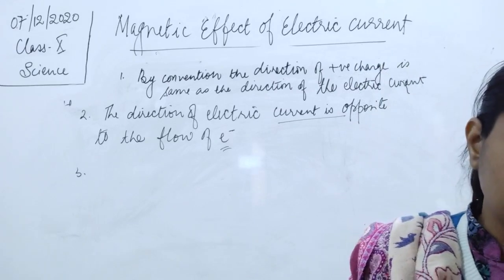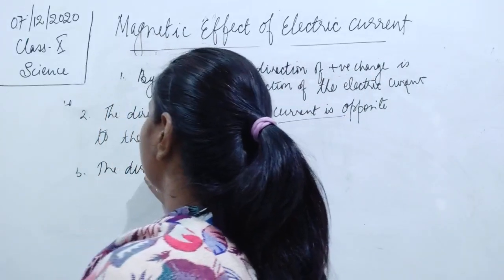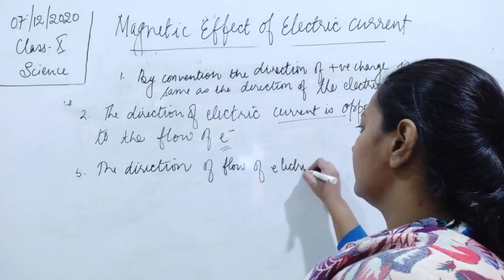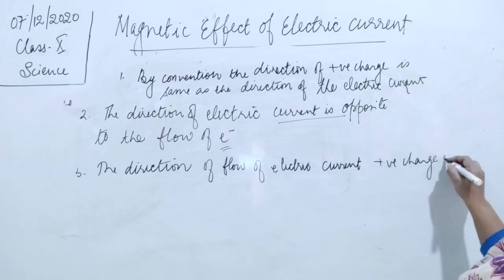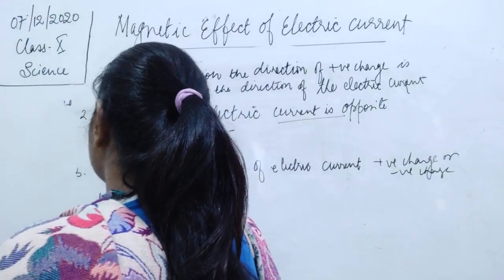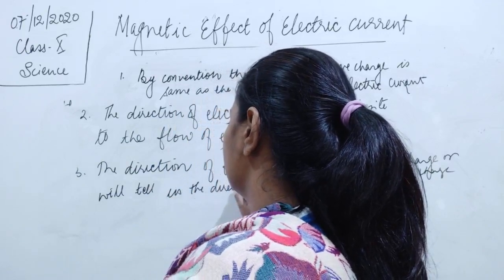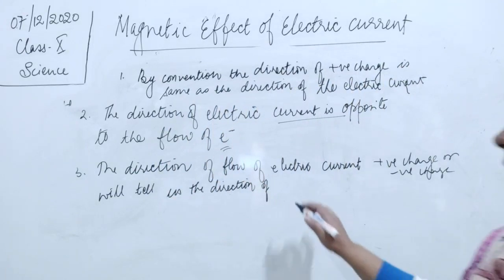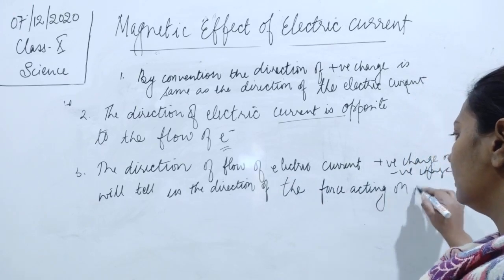The direction of the deflection of the electric current, ठीक है, positive चाहे charge हो चाहे negative charge हो, the direction of flow of electric current, that could be either positive charge or negative charge, will tell us the direction of the force acting on it.